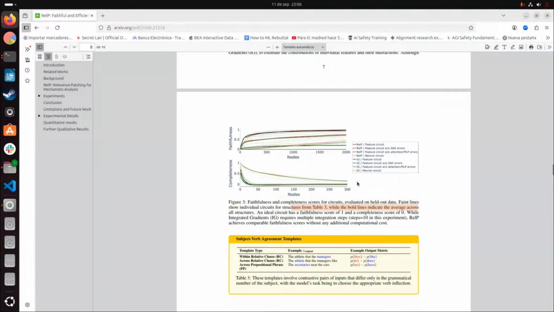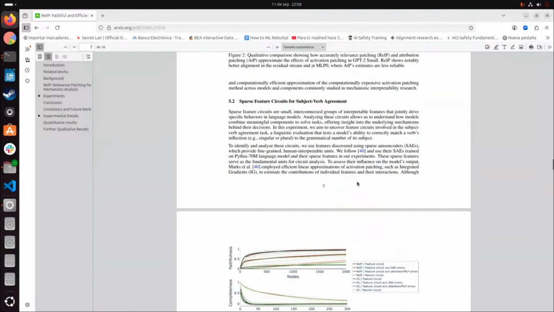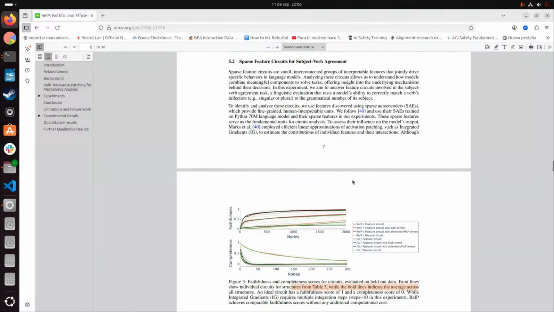Oh, I guess the idea is that you get similar results, but this is cheaper than the other. Can't you do this with attribution patching though, instead of the integrated gradients? If so, they could have also compared to that.